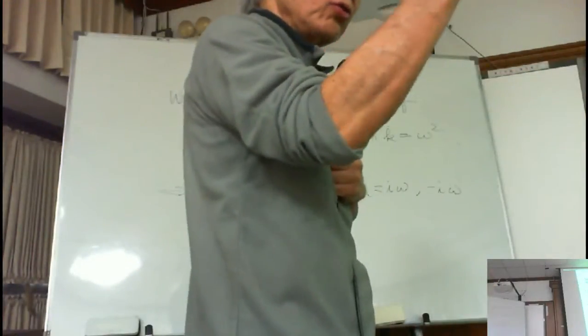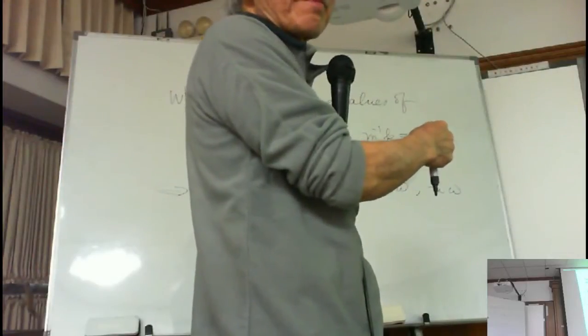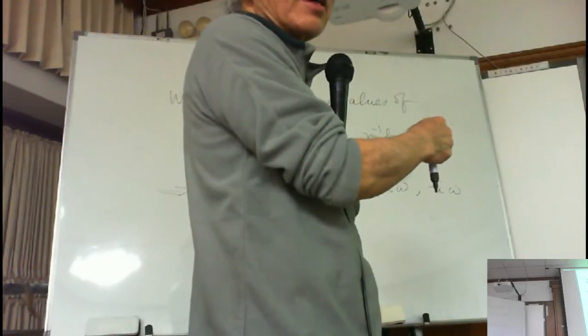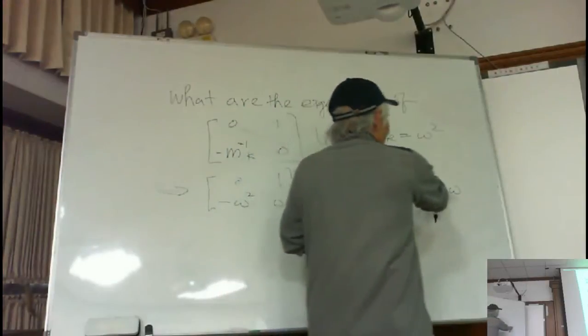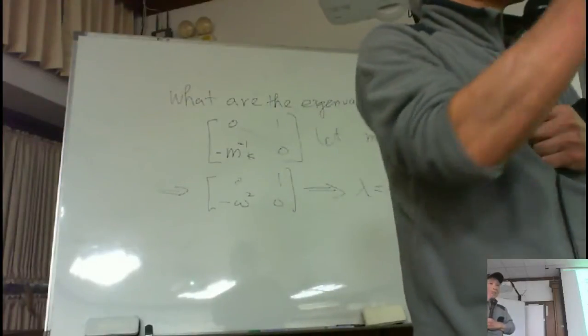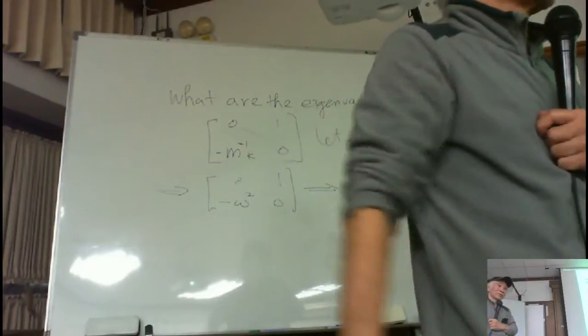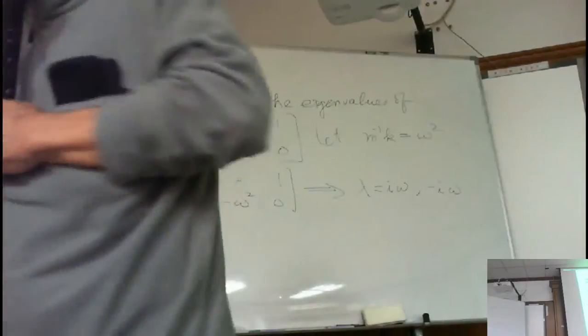Now I have two distinct eigenvalues. However, these eigenvalues have an i there. This is imaginary. This is not a real quantity. Agree?